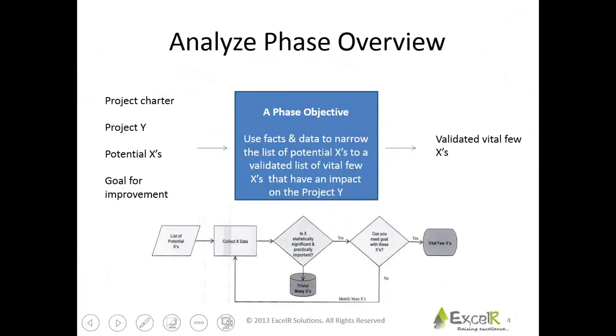Okay. So look at this diagram which is going to depict the same thing. There is a list of potential inputs. Collect the data for those inputs. See whether they are statistically significant and practically important or not. If yes, they are important, then ask another question. Can we meet the goals? The goal of increasing the quality or increasing the productivity or reducing the rework, can you meet those goals with those inputs?